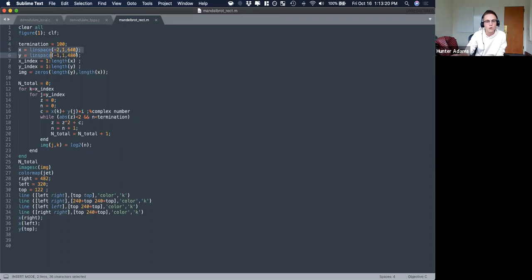It's creating two arrays, x and y, in the range of -2 to 1 for x. This is the real axis, and then -1 to 1 in the imaginary axis in y. It's looping through each combination of these indices and running this iteration. It's determining whether the magnitude of the complex number has exceeded 2, or if the threshold number of iterations has been reached.